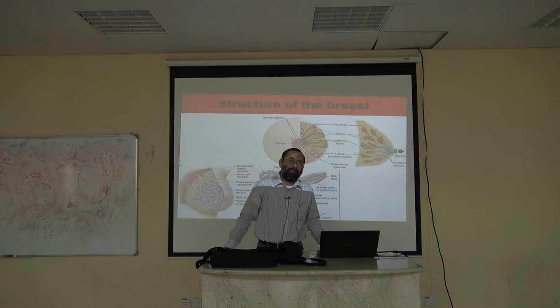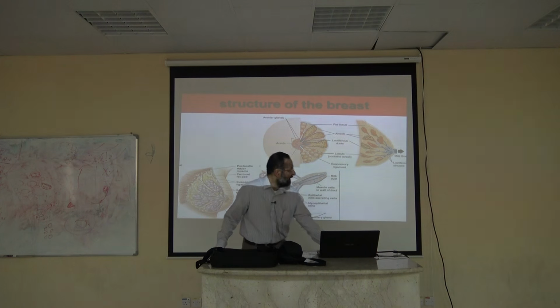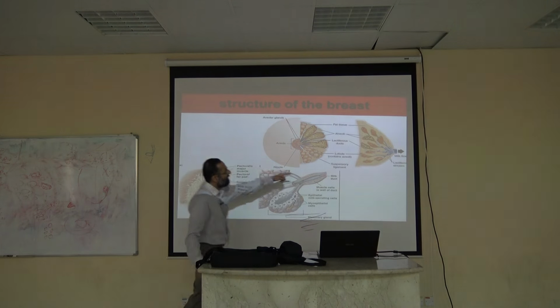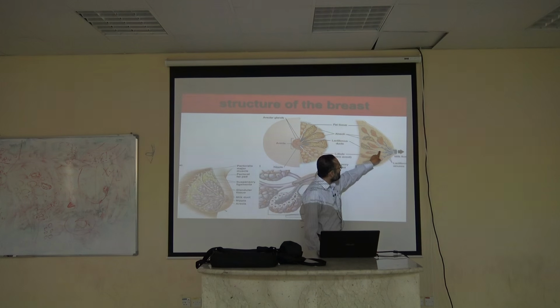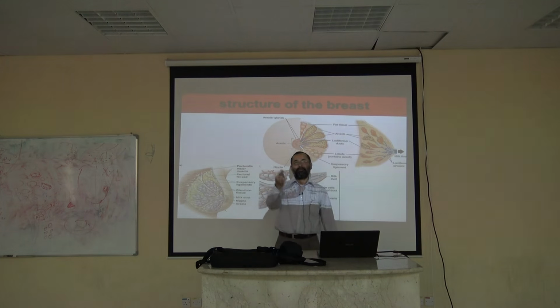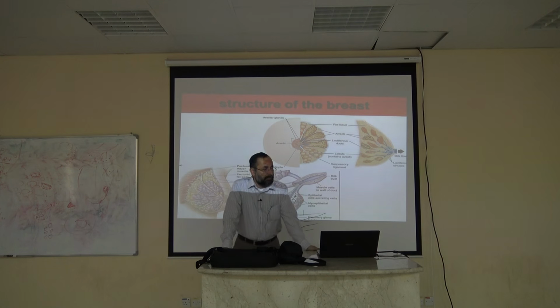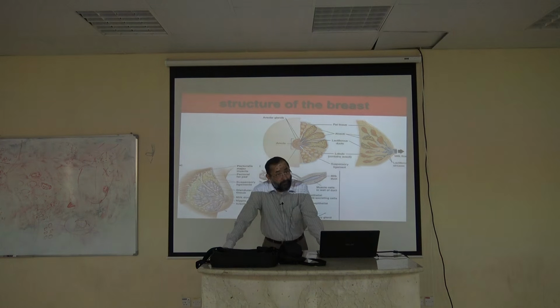They open through a common opening, or sometimes more than a common opening, over the surface of the nipple. Here you can see multiple lactiferous ducts are coming, and they are opening here over the surface. So we have to keep this morphology in mind.